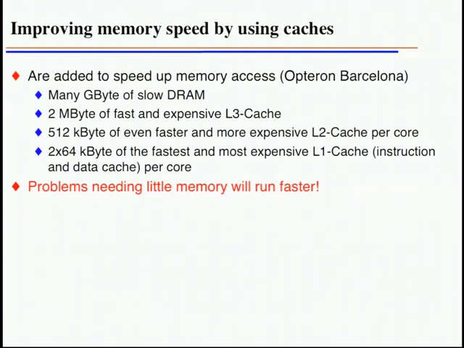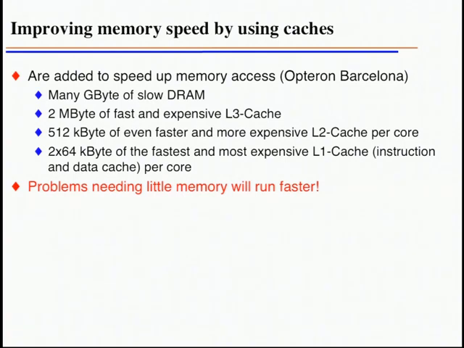So if you now look at your problem and look at how much data you are processing, if this data is only a few bytes or a few kilobytes, the whole data will fit into the fastest cache and the program will run very fast.